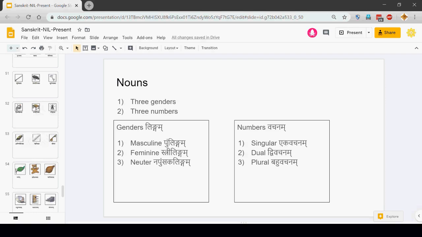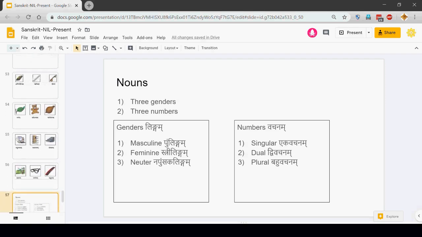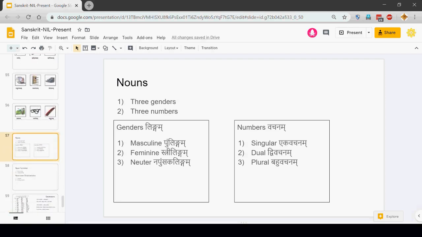We will start getting into this study, how the nouns are used, how the verbs are used in a sentence, going forward. So far, whatever words we have pronounced are all nouns.